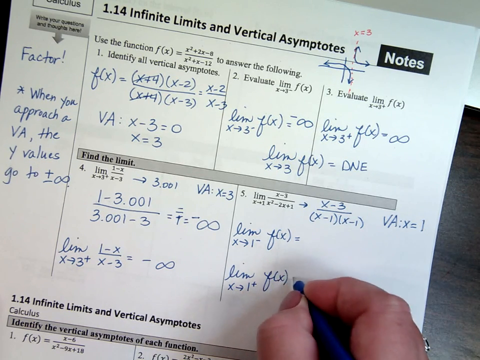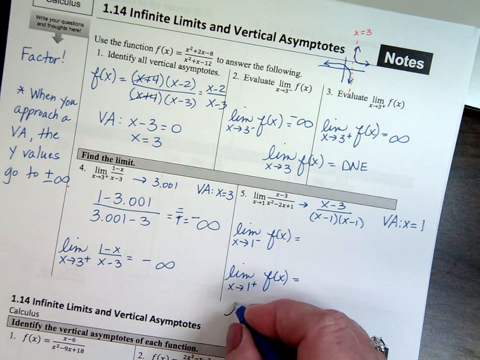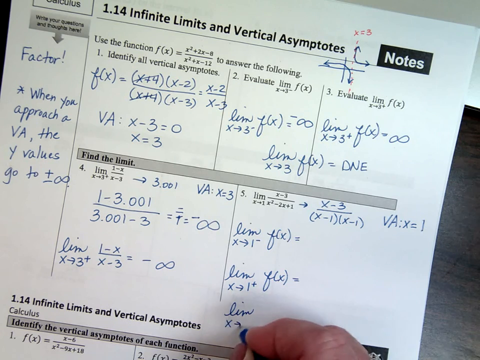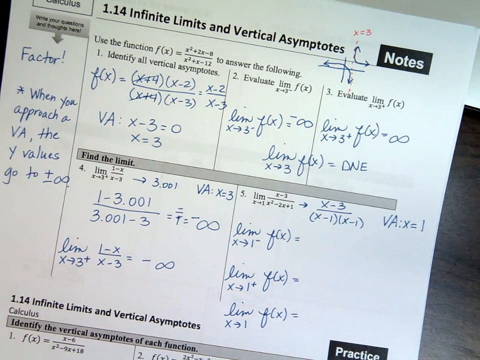Then I can figure out what the actual limit is as x approaches 1 itself. You see what I've got going on there? I've got all 3 pieces. I need to know what it's doing to the left, and what it's doing to the right. All right, there's our setup.